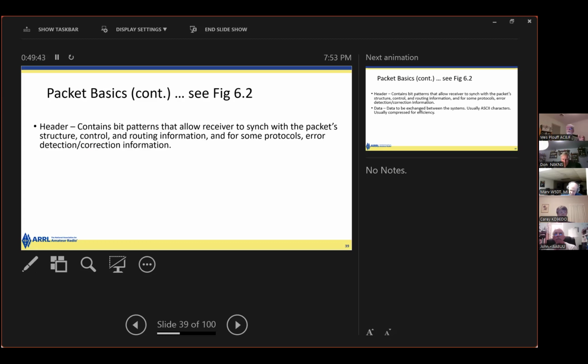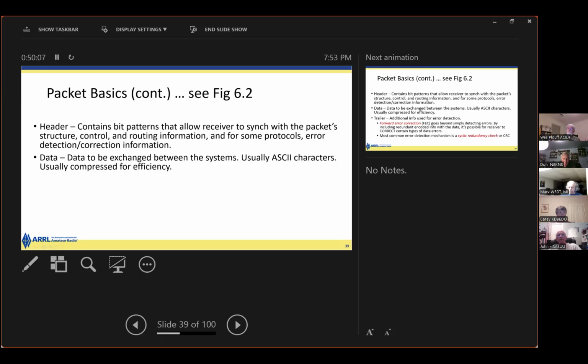The control information usually includes information about how long the data segment is going to be, so that the software on the receiving end knows how many bytes of data to listen for before it starts listening for the trailer of the packet.